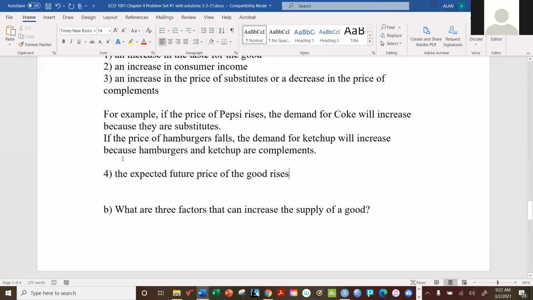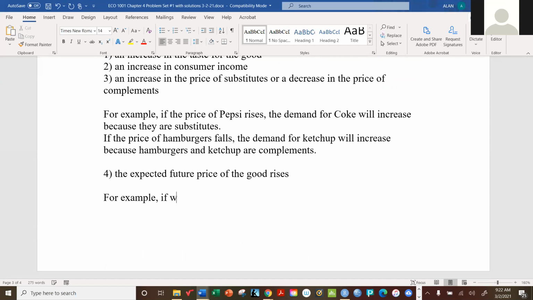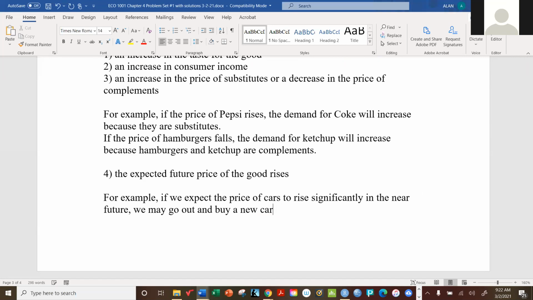So if, for example, we expect the price of cars to rise significantly in the near future, we may go out and buy a new car now to avoid paying the future higher price.